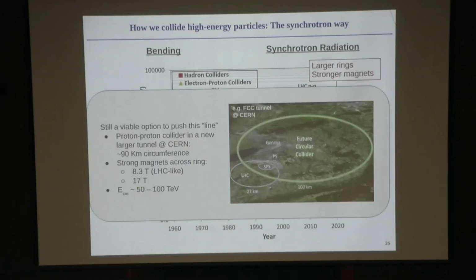And in fact, to be fair, there is a plan being looked at to do exactly that, to build at CERN an even larger ring, about 90 kilometers in circumference, which can use an even stronger magnetic field to collide protons at a range of 50 to 100 TeV instead of about 14 TeV. And that's one way we can push that line a little bit further.